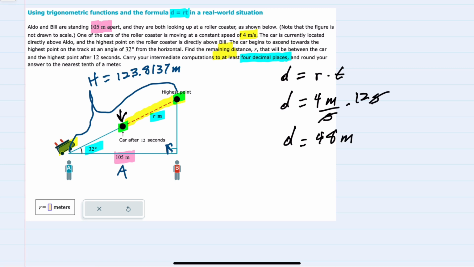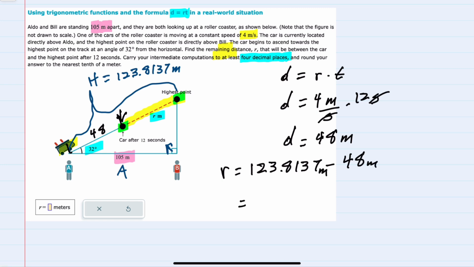So we now know the total length of the hypotenuse, and we know this distance is 48. To find the remainder, we can just subtract. The remainder would be the entire hypotenuse, minus the part that's already been traveled, and these are both in meters.